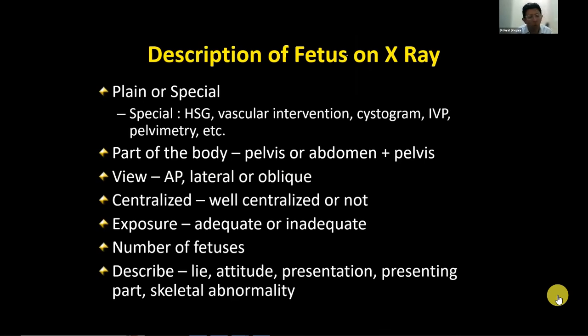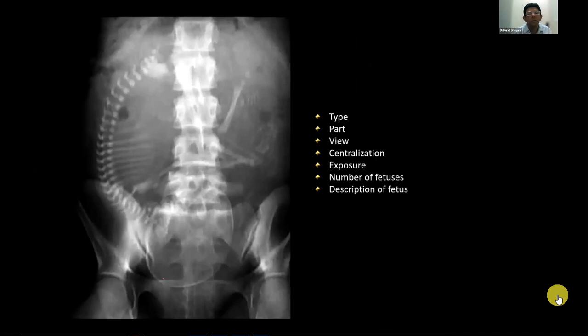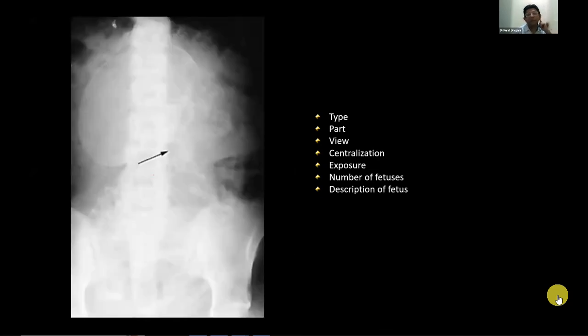Last thing, pregnancy X-ray we don't do, but in case they ask you, then again X-ray of the pelvis or the abdomen, well centralized, adequate exposure, number of fetuses you see, and a specific part. Okay, so this is a normal, well flexed baby, attitude of flexion. Now, can anybody tell me what this is typically? Which presentation?